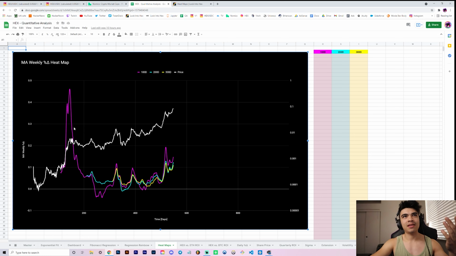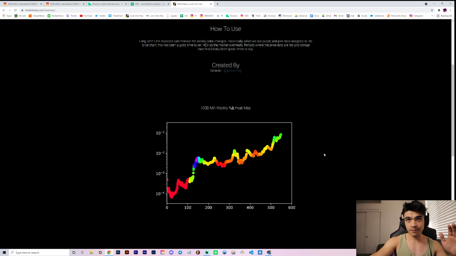But I found that this pink curve, being the 100-day heat map, gives you a lot more data because it includes this huge peak we had back here, which was a big deal, right? So to completely ignore the data from before here, it didn't sit well with me. And so what I did is I actually removed the 200 and the 300-day.